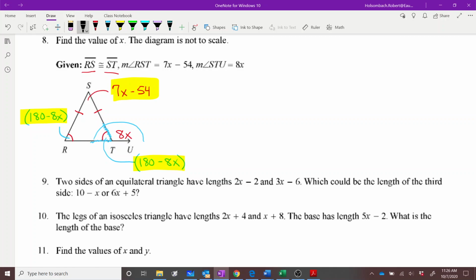And we're going to say that 7x minus 54 plus 180 minus 8x plus another 180 minus 8x all have to add up to 180. So if we combine like terms, we've got a 7x, a minus 8x, and a minus 8x. So that's 7 minus 16, which is negative 9x.